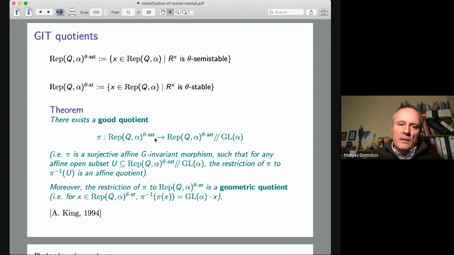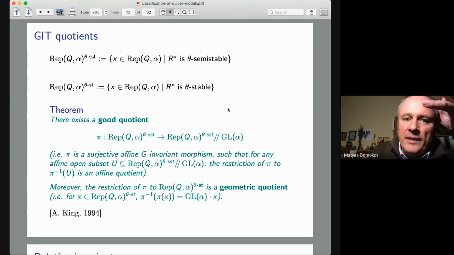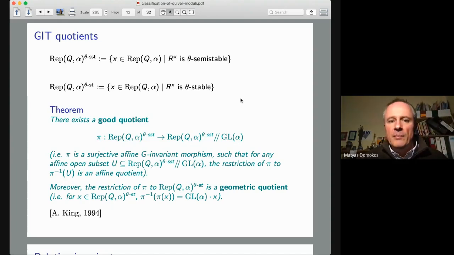In general, the fibers of pi also have a nice description, namely x and y have the same image under pi if and only if the corresponding representations have the same theta stable composition factors in the category of theta semi-stable representations.